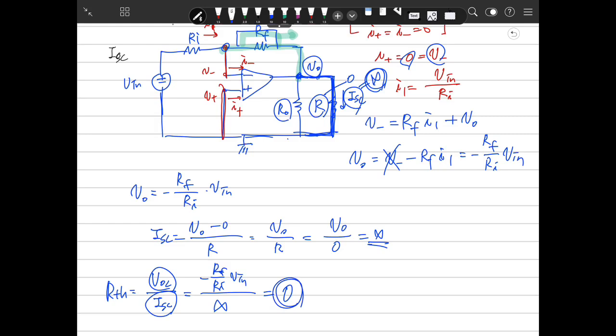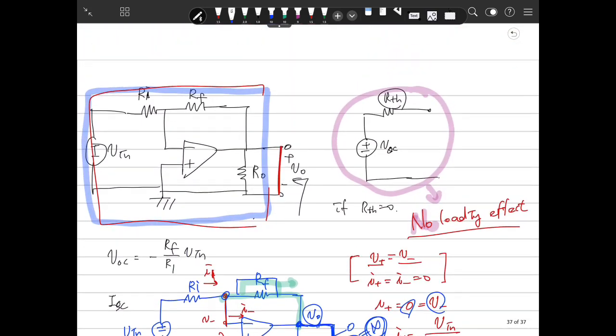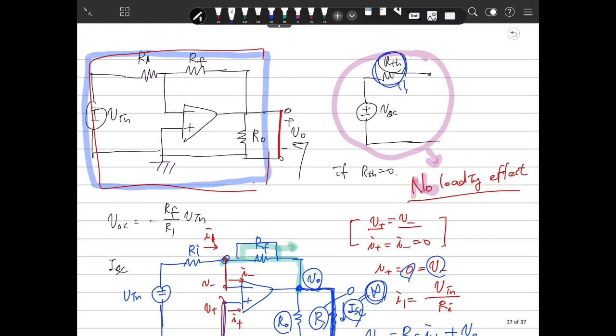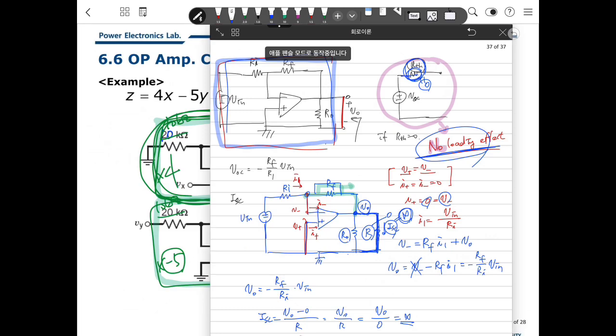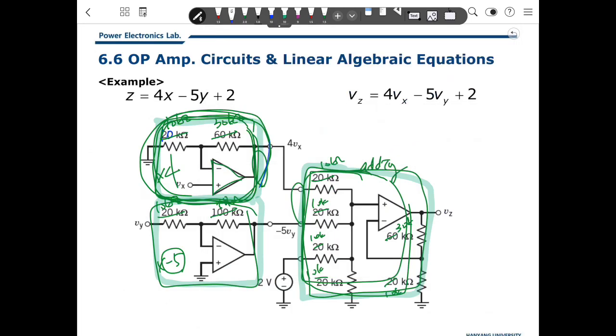So the series resistance of the Thevenin equivalent circuit, RTH, is 0. Because the series resistance is 0, there is no loading effect. So this circuit has no loading effect, and we can connect this circuit with other circuits without any loading effect.